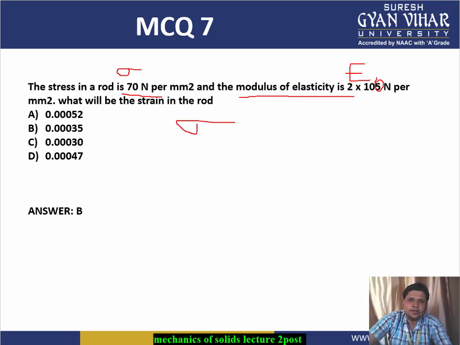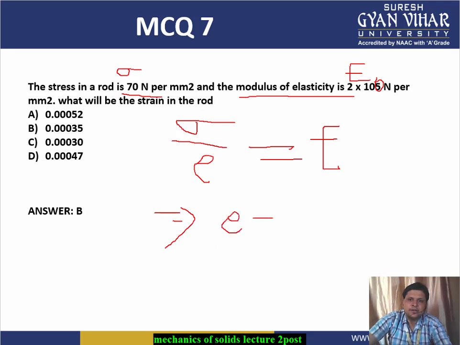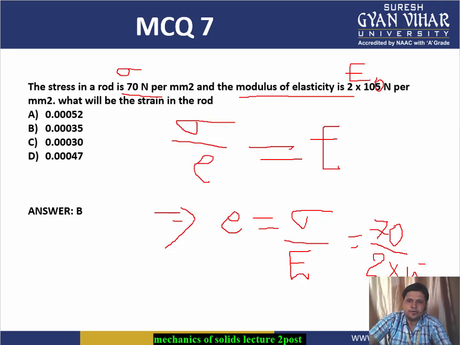We all know that stress by strain gives you the value of modulus of elasticity. So if you have to calculate strain, it will be equal to stress divided by E, as E goes into the denominator of the left-hand side. So strain equals sigma by E. The sigma value is 70 and E is given as 2 into 10 to the power 5.